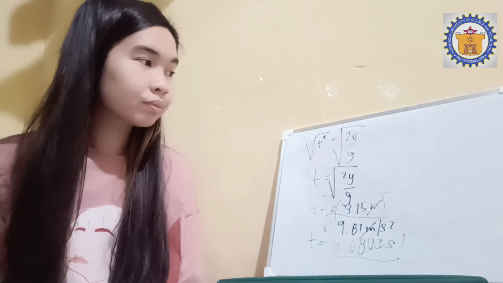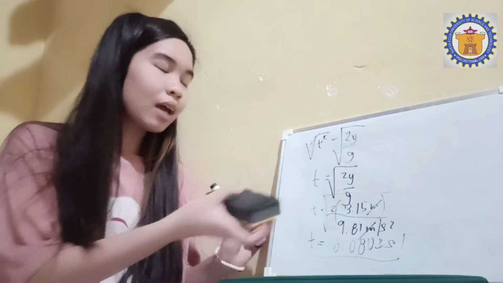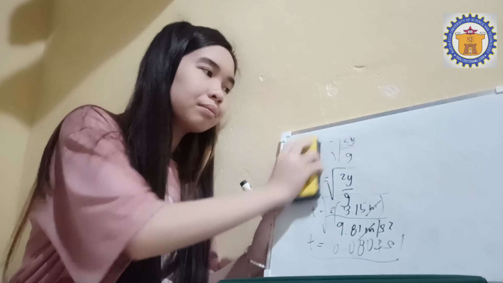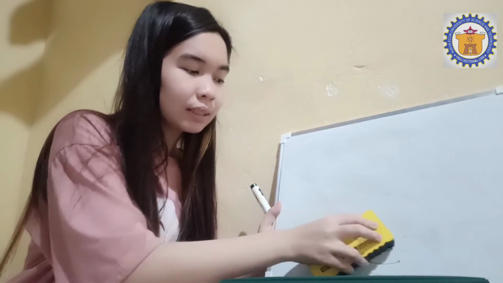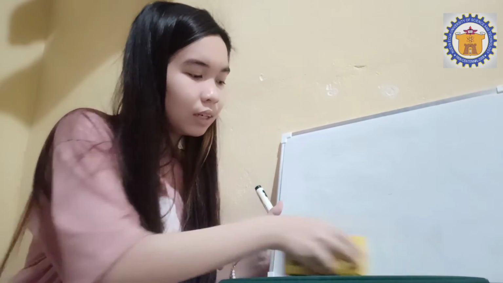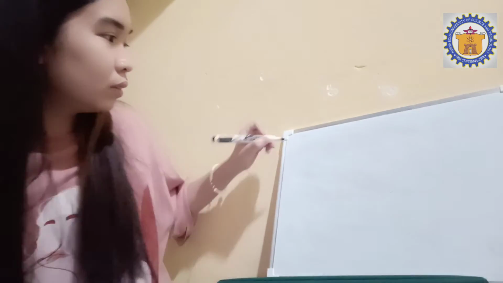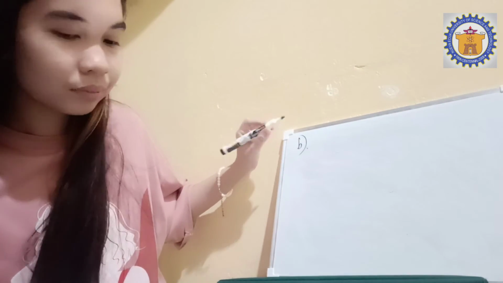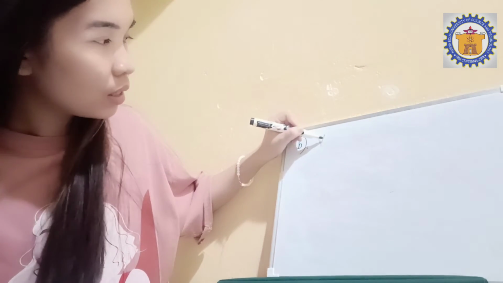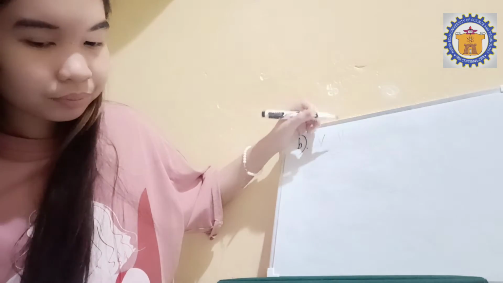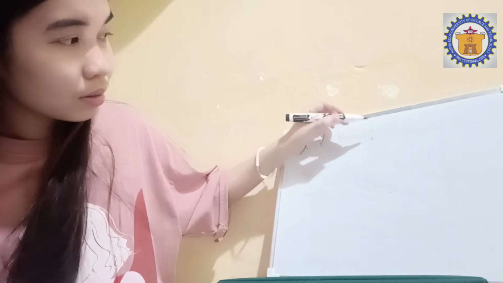So, for our letter B question naman, we can relate the velocity and time. Pwedeng dalawang formula ang gamitin natin, sa letter B question, which is ang hinahanap is speed. Unang formula is v is equals to v sub 0 plus g times t.